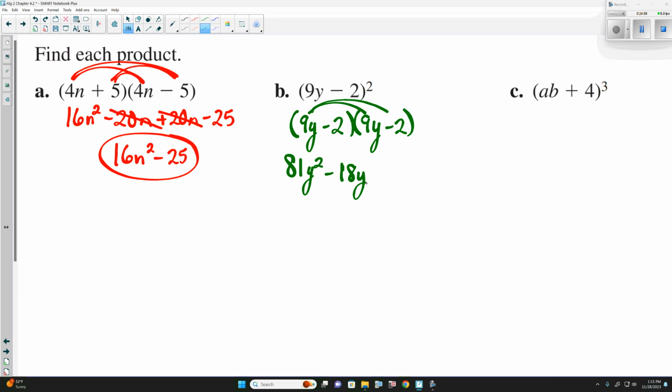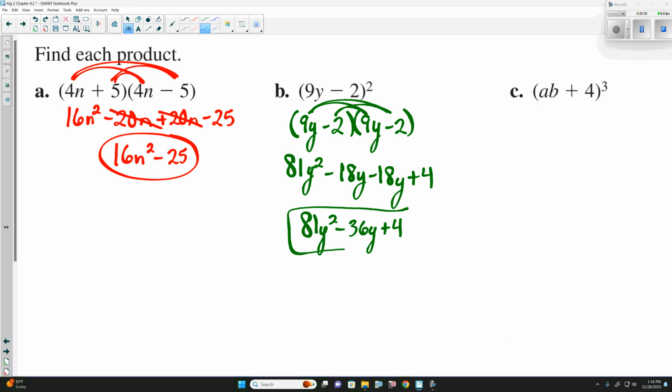We'll do the same thing with negative 2. Negative 2 times 9y is negative 18y. And negative 2 times negative 2 is plus 4. Combine like terms, telling us that this is 81y squared minus 36y plus 4. And that's it.